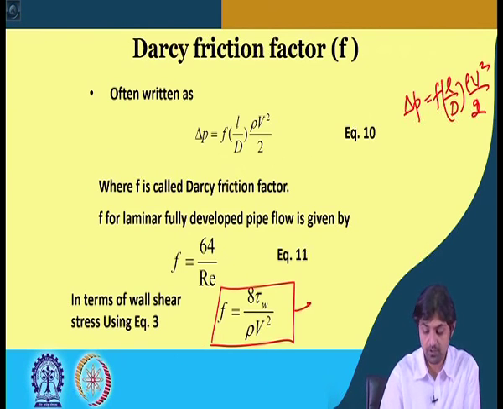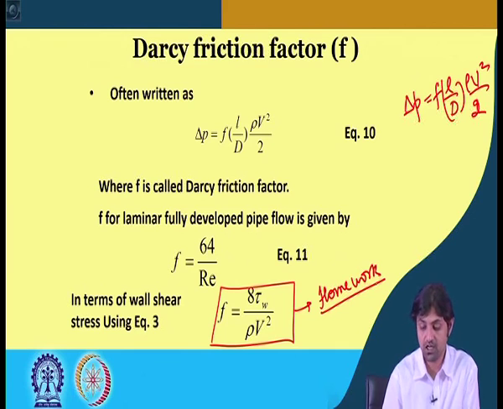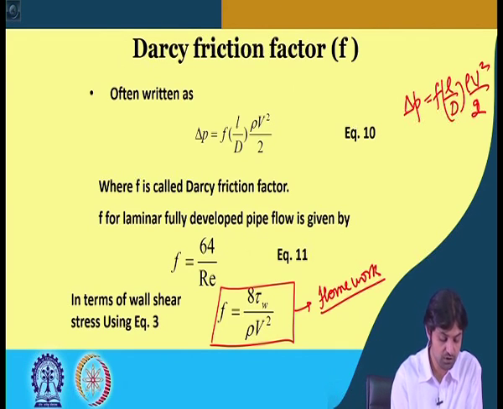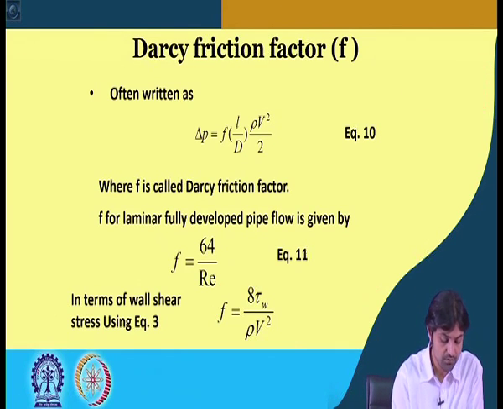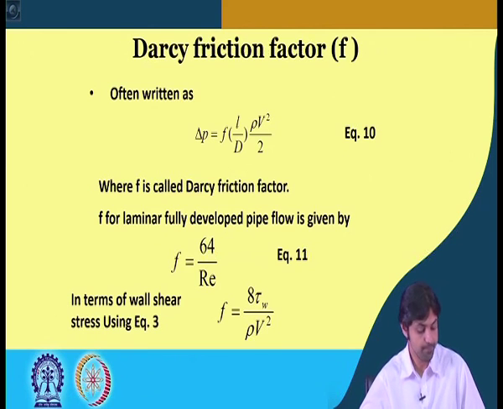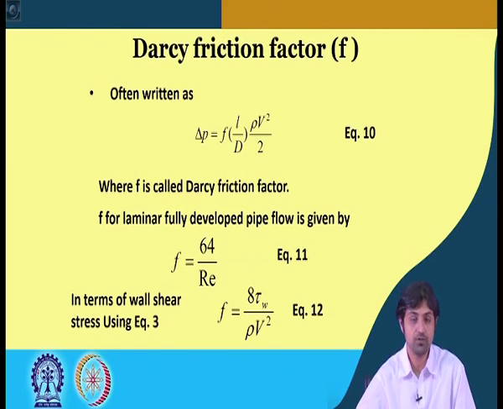This is quite simple. Do it as your homework. All right. If you have any problems, you can ask me in the forum. And this is equation number 12. It's just a matter of equating to obtain this in terms of wall shear stress. All right.